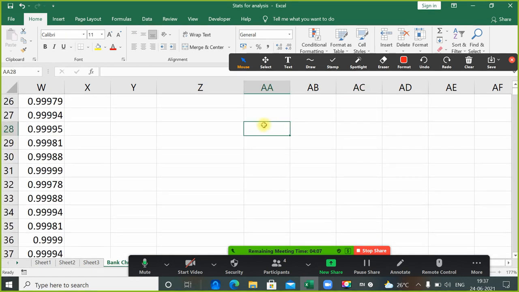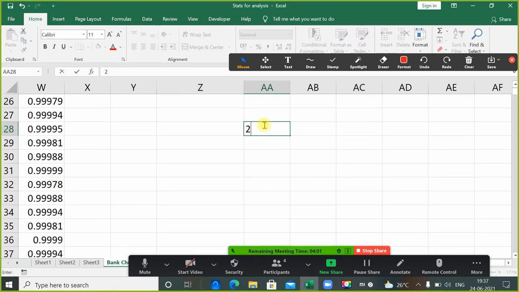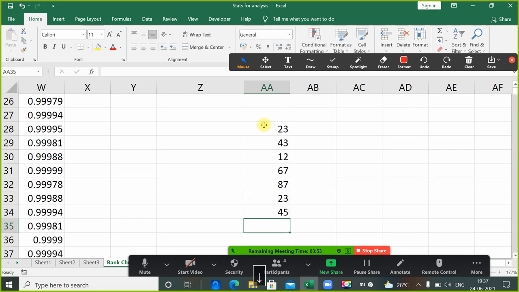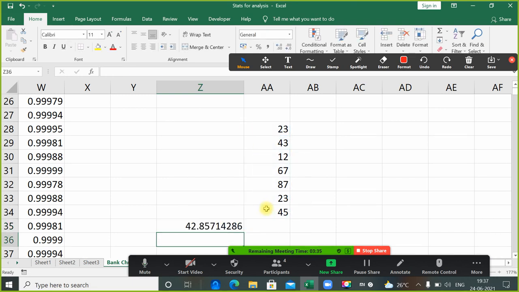For example, I have some random numbers here, like I will say 23, 43, 12, 67, 87, 23, 45. How many? 3, 4, 5, 6, 7 numbers I have. What would be the average of this data? If you calculate the average of this data, it's giving around 42.85.